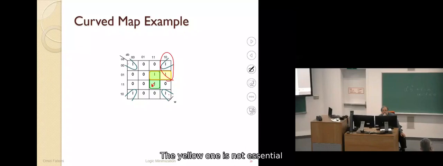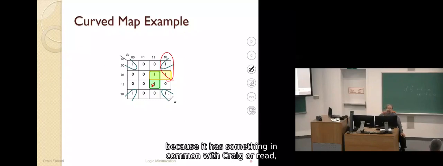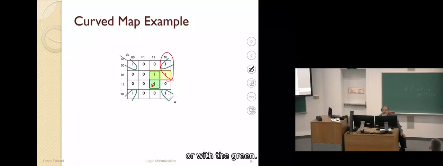The yellow one is not essential because it has something in common with the red or with the green. The red one is not essential because it has already covered. This one is covered, this one is covered also. So it is not essential.